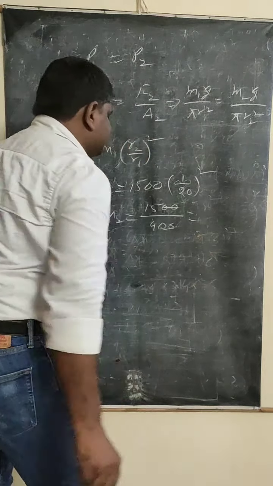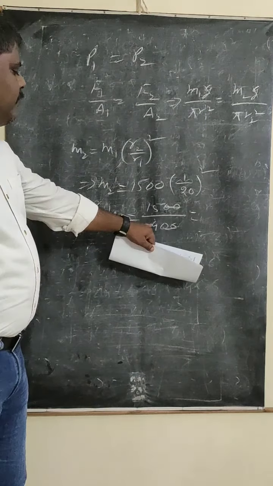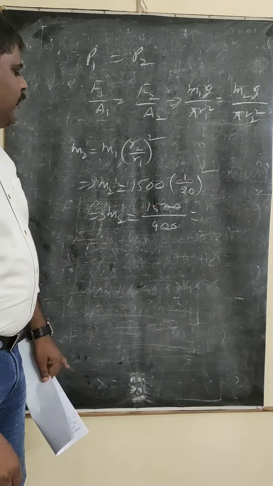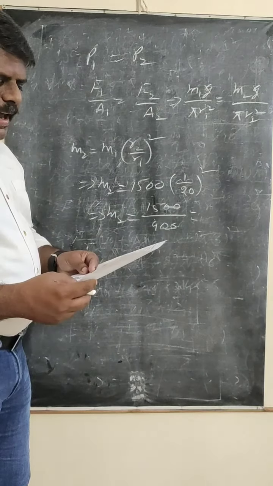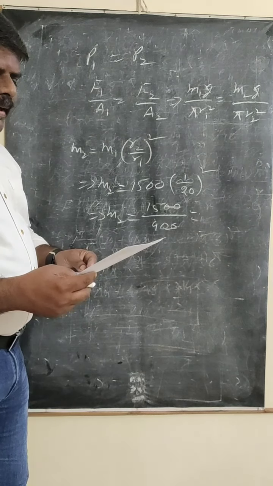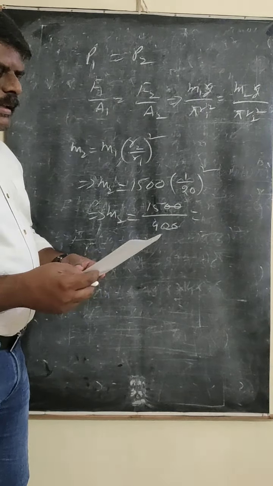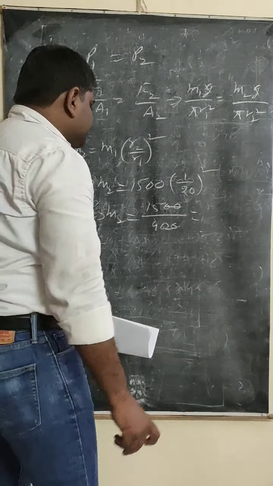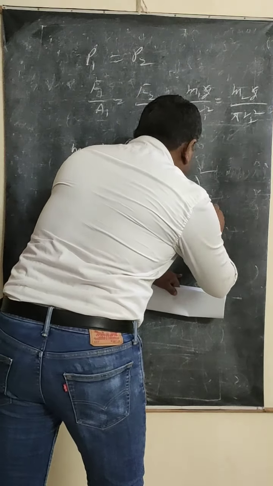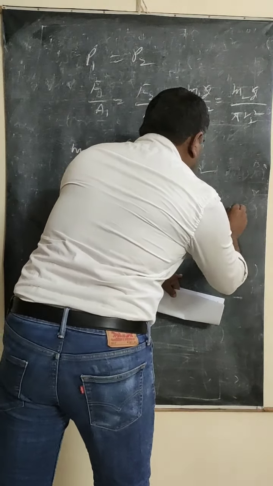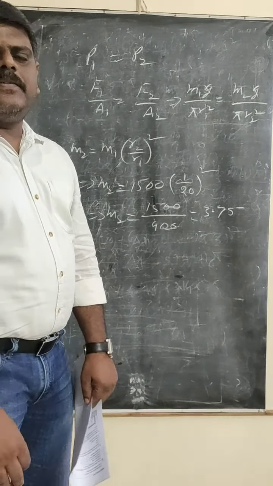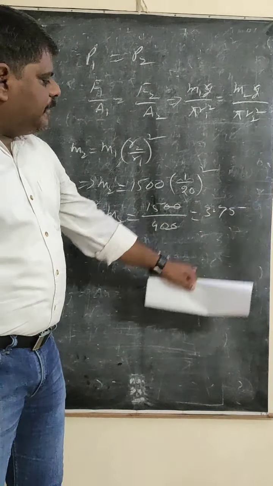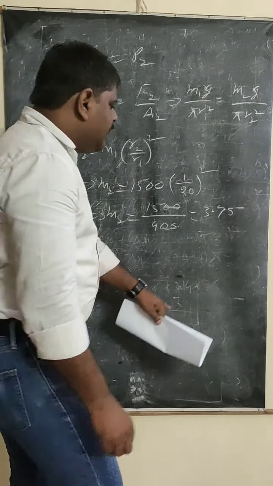It will be cancelled. 4 threes are 12, 4 sevens are 28 and 5. So 3.75. It will be in kgs.